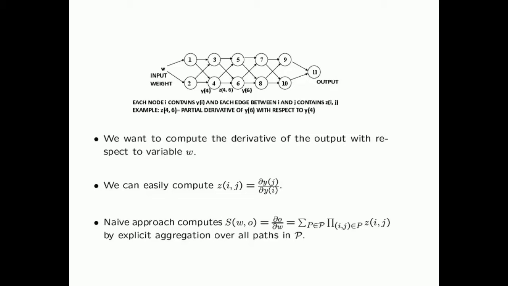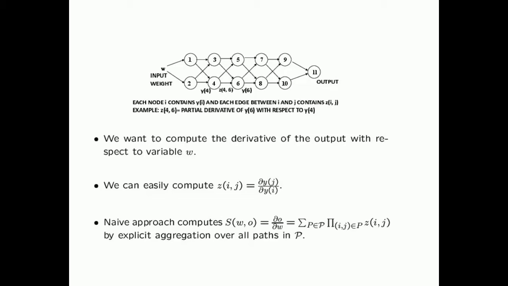And for the derivative of y_j with respect to y_i, we label the edge as z_ij. So here, for example, I have labeled the edge 4, 6 with z_4,6, which is essentially the partial derivative of the variable y6 with respect to the variable y4.